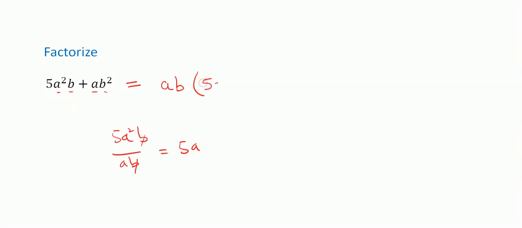Therefore, I'm going to have 5a in the bracket, and then to get the other term, it'll be ab squared over ab. The a's will cancel, and the b would go into b squared b times, so this will be plus b.